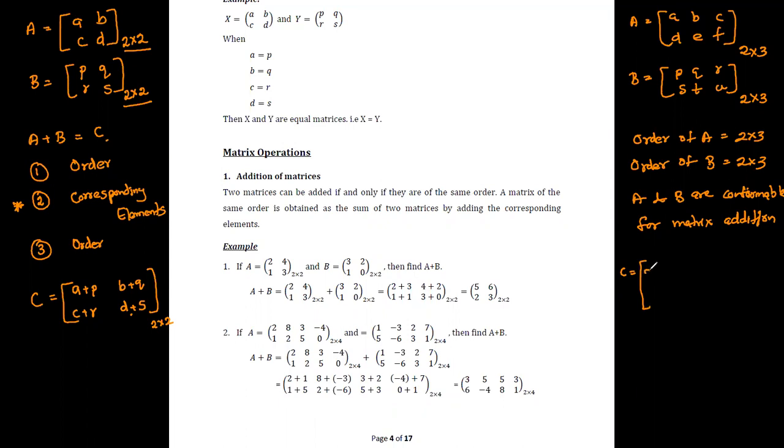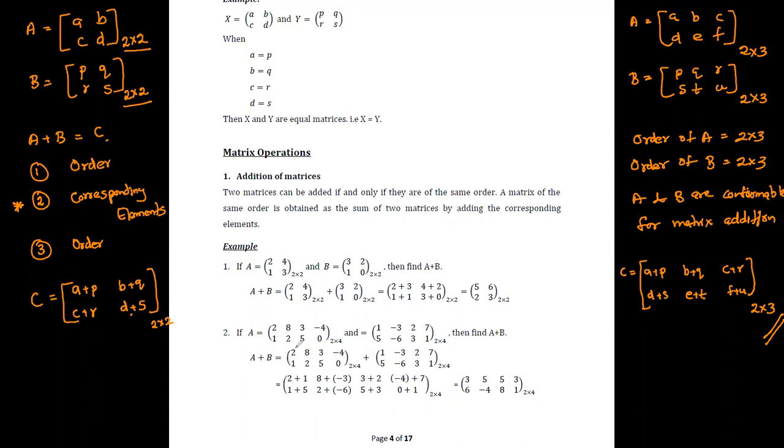First one is A plus P. Next one is B plus Q. Third one is C plus R. Likewise, D plus S, E plus T, and F plus U. Then we can say this is a 2 by 3 matrix. This is how we are performing the matrix addition.